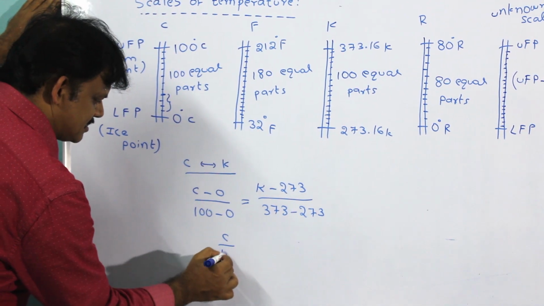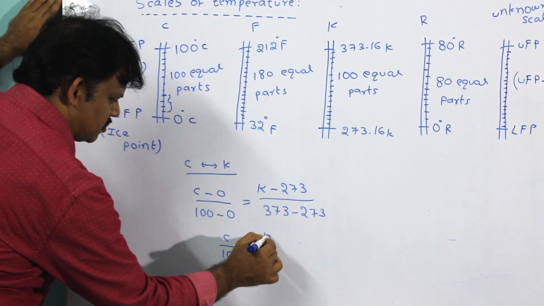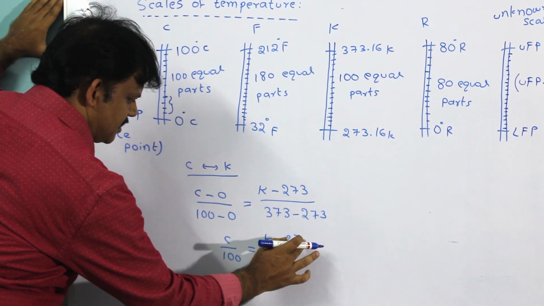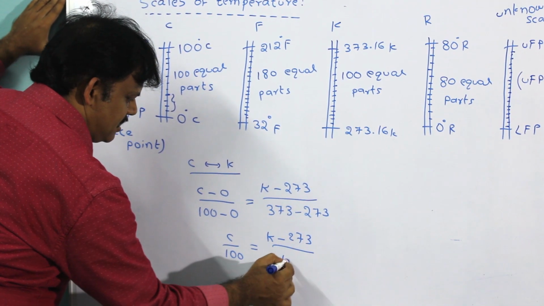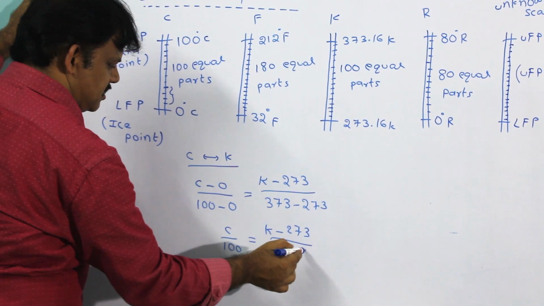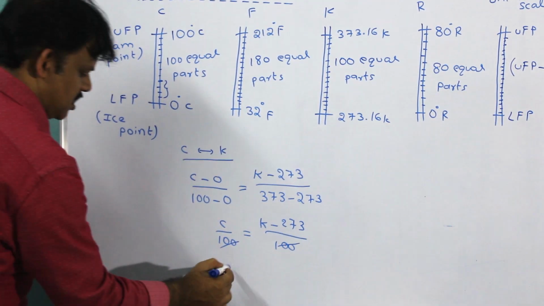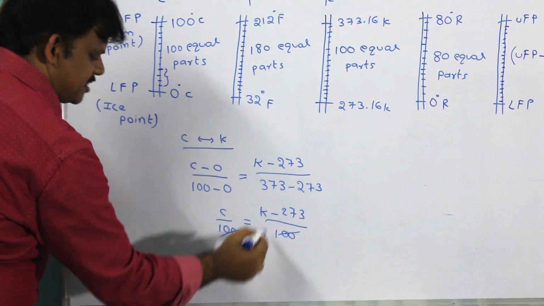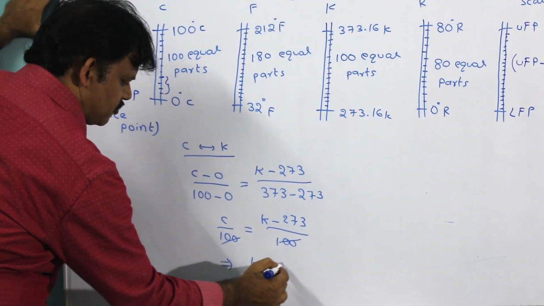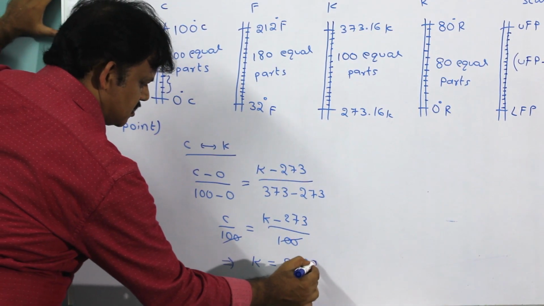So C by 100 is equal to K minus 273 by 100, the difference is 100. These two get cancelled out. Therefore, C is equal to K minus 273, otherwise K is equal to C plus 273.